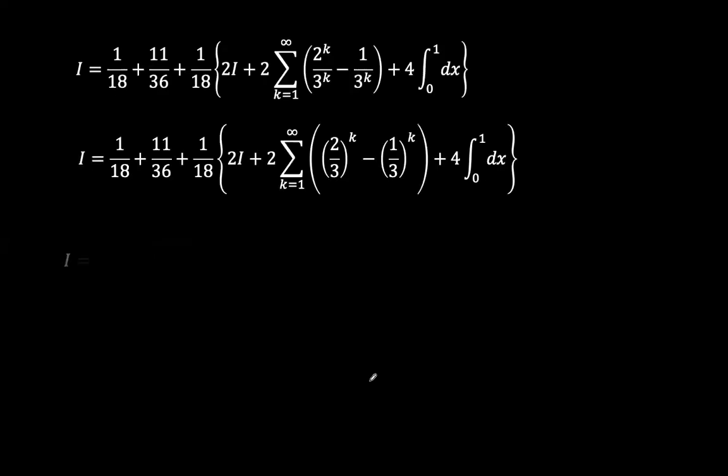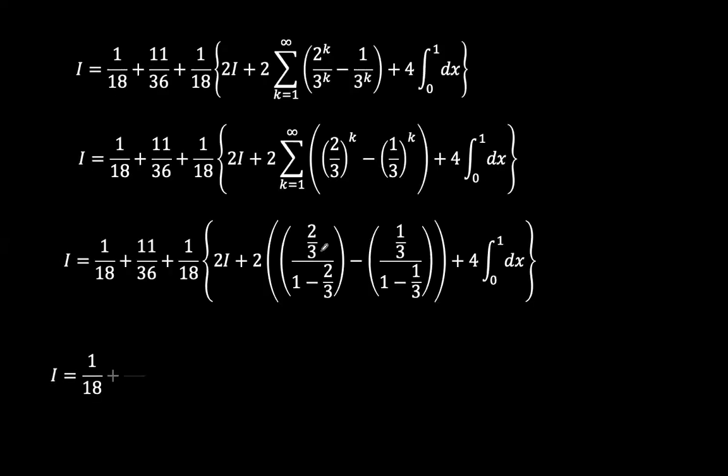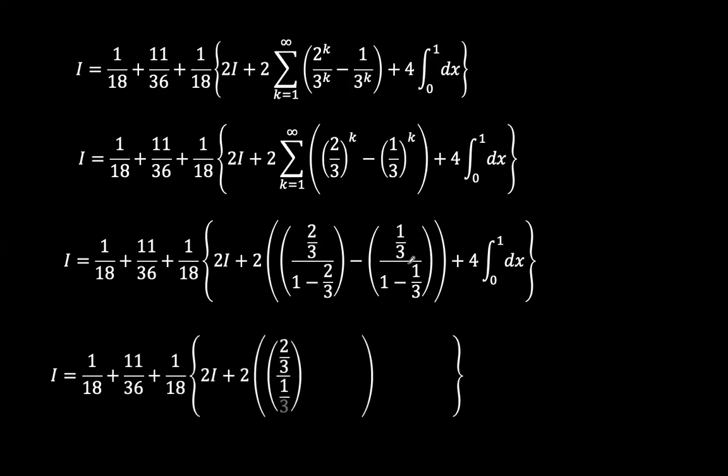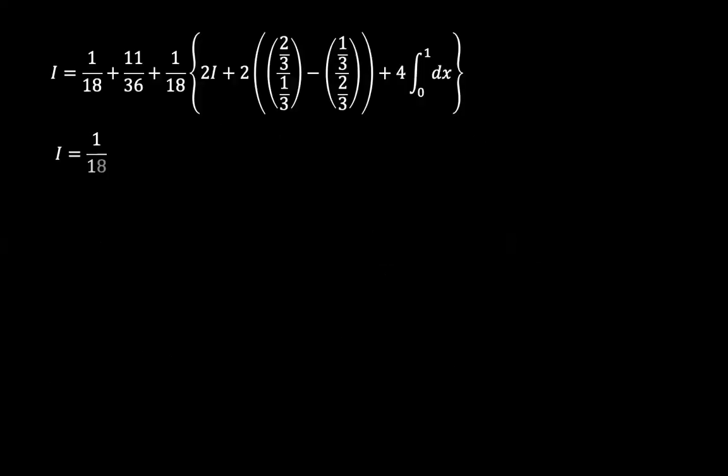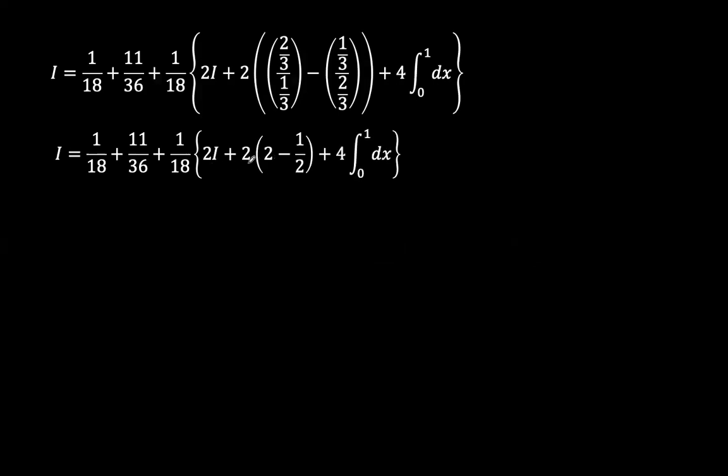And so we can now sum that up. 2 over 3 divided by 1 minus 2 over 3, minus 1 over 3 divided by 1 minus 1 over 3. So this cancels with this. And so we have 1 over 18 plus 11 over 36 plus 1 over 18, brackets 2i plus 2 times 2 minus a half. This is 3 over 2, so this essentially just becomes 3.